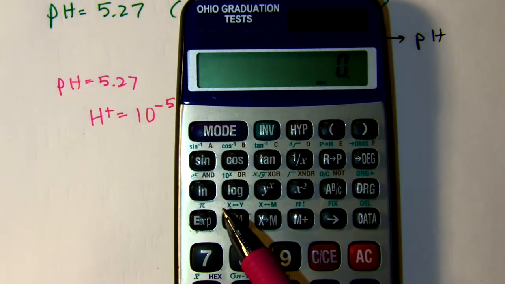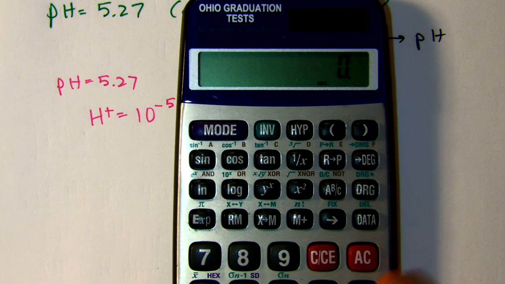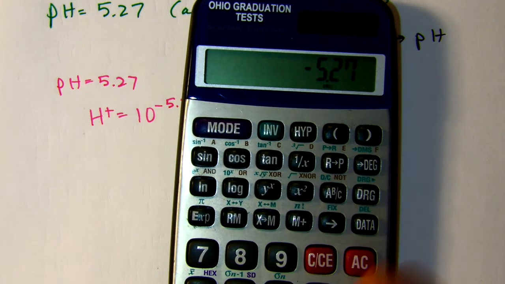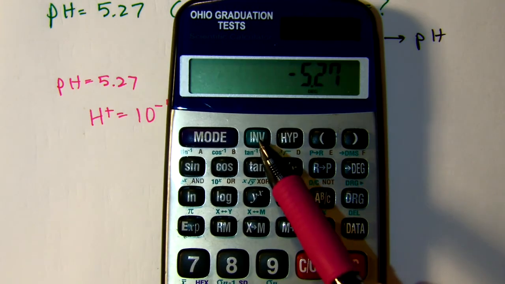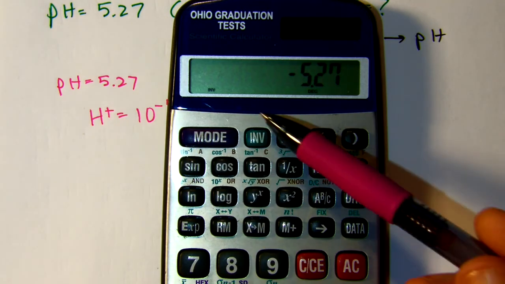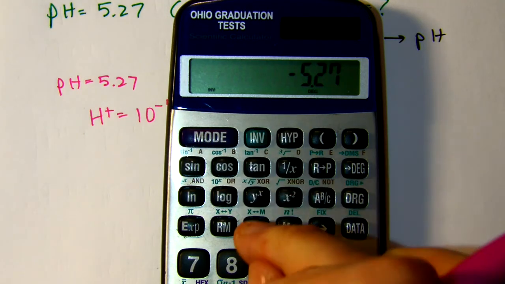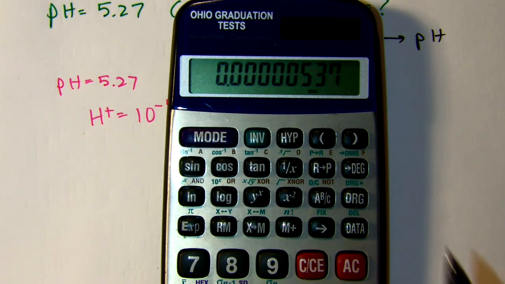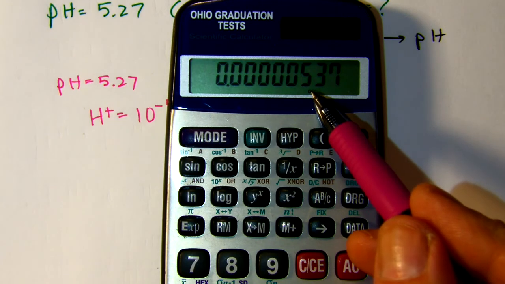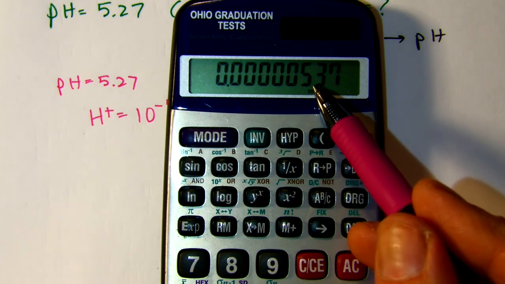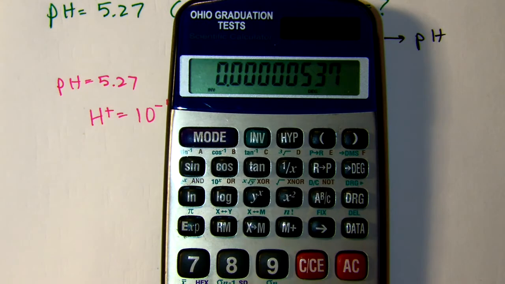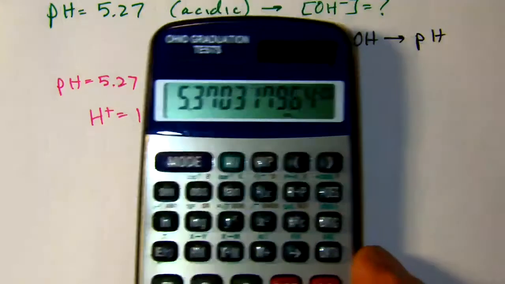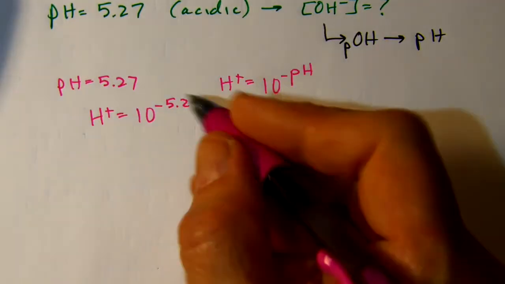Okay. I think you have to put the number in here first. So 5.27 negative. Invert. Find that guy right there. Boom. There you go. 5.37 times 10 to the negative 6. Let's make sure. Boom. 5.37 times 10 to the negative 6.